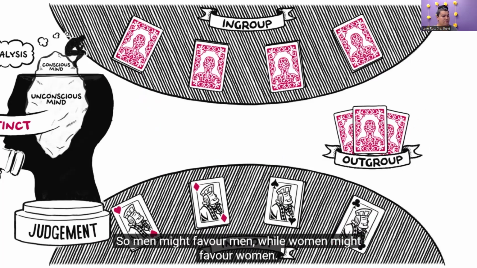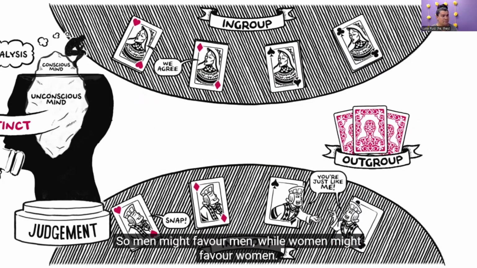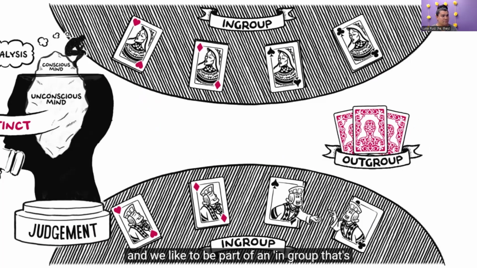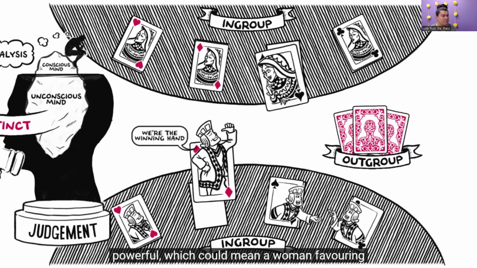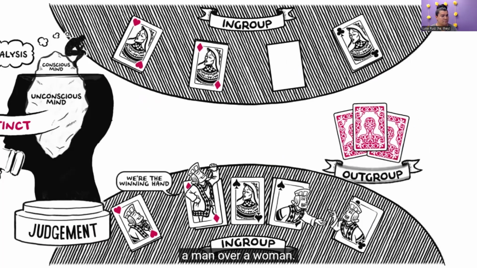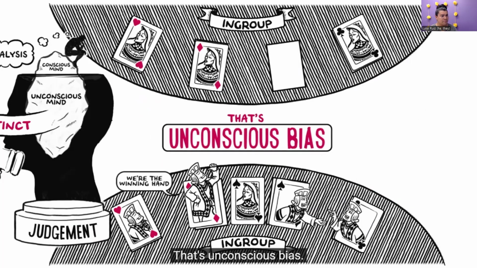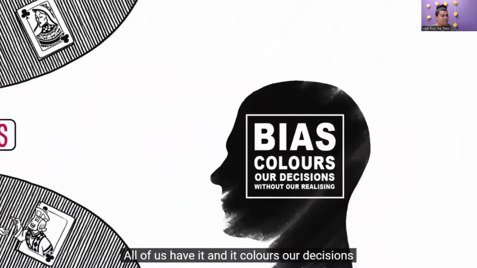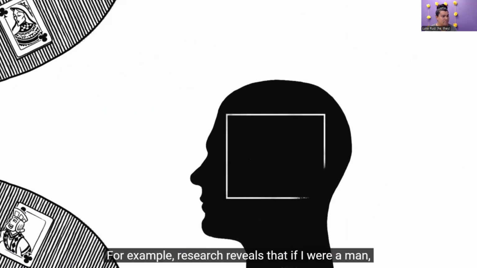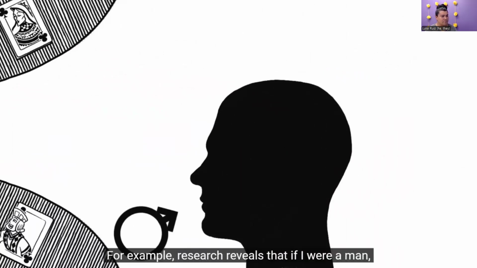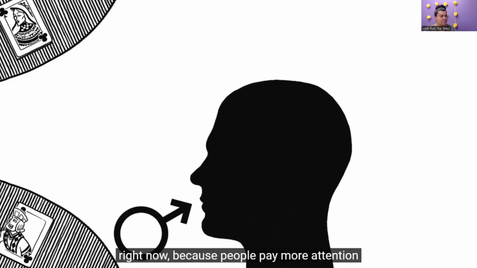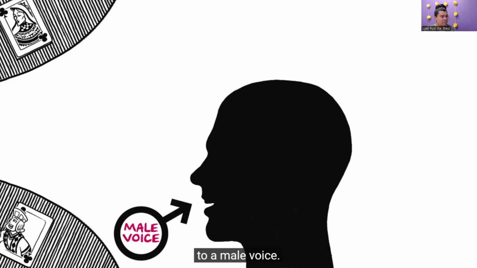So men might favor men, while women might favor women. However, we can belong to different in-groups, and we like to be part of an in-group that's powerful, which could mean a woman favoring a man over a woman. That's unconscious bias. All of us have it, and it colors our decisions without our realizing. For example, research reveals that if I were a man, you would be more likely to be nodding in agreement right now, because people pay more attention to a male voice.